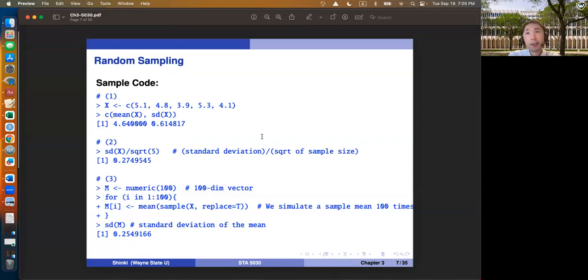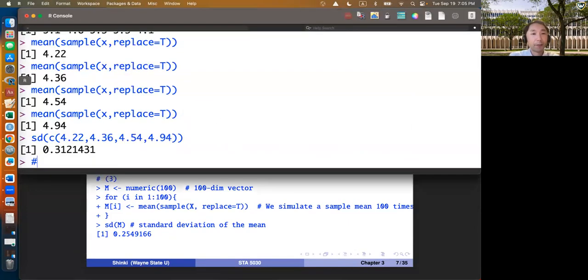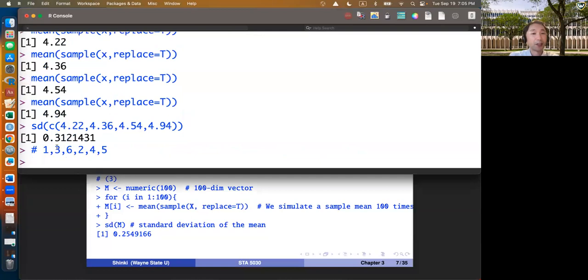This is similar to the situation, for example, that you roll a die 6 times and you get 1, 3, 6, 2, 4, 5, and just fortunately you got each number once. Then you assume that this number happens with probability 1/6, this number happens with probability 1/6, and so on.